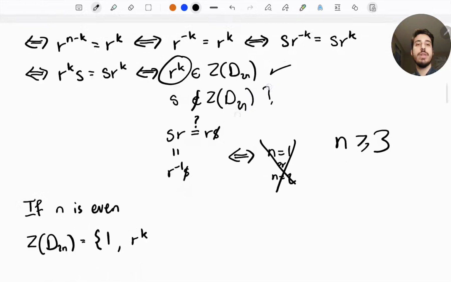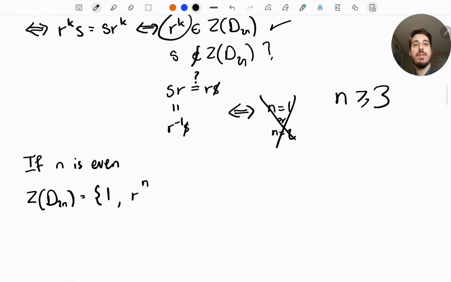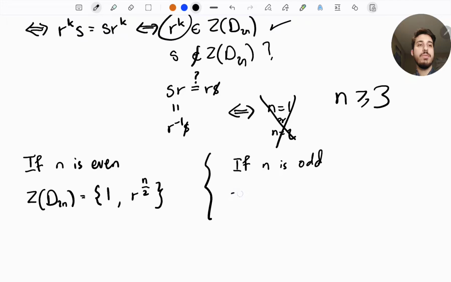So that is what I'm going to write here, r to the n over 2. And that is all the elements of the center of D_n if n is even. And if n is odd, then we don't even have that element, and we're only left with the identity element in our center. Thus completing this example for the dihedral group.